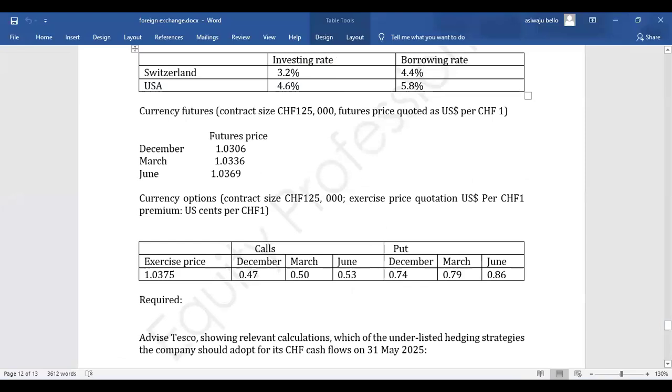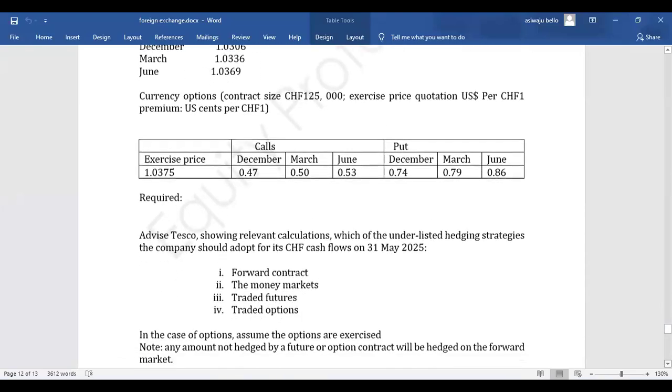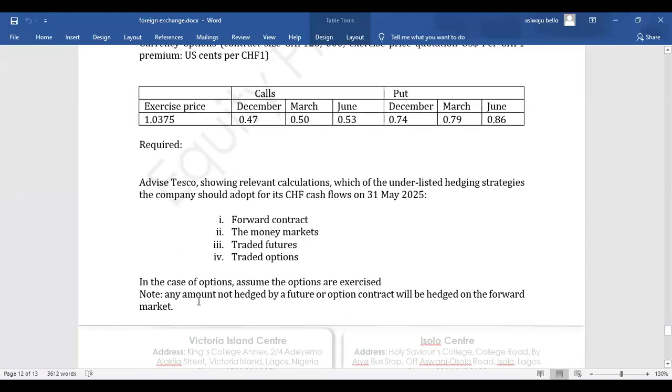If you look at the last note, the examiner says something here. Note, any amount not hedged by a future or option contract will be hedged on the forward market. Look at that statement.